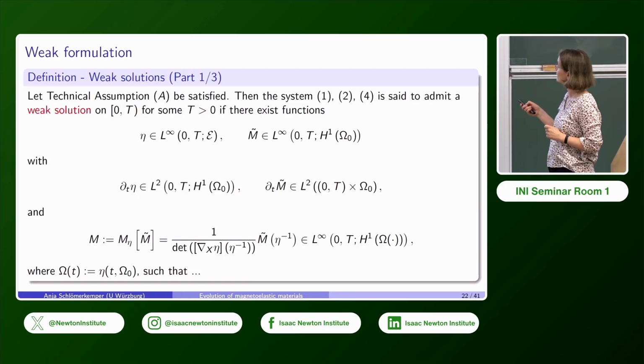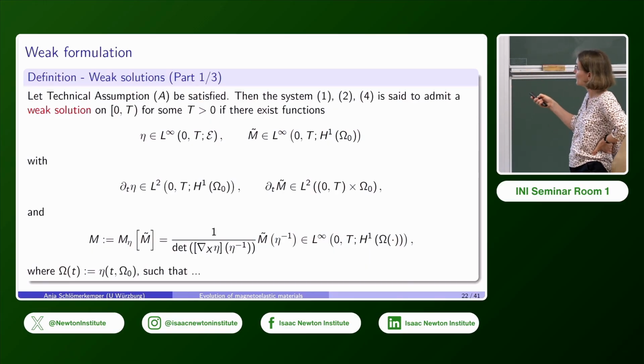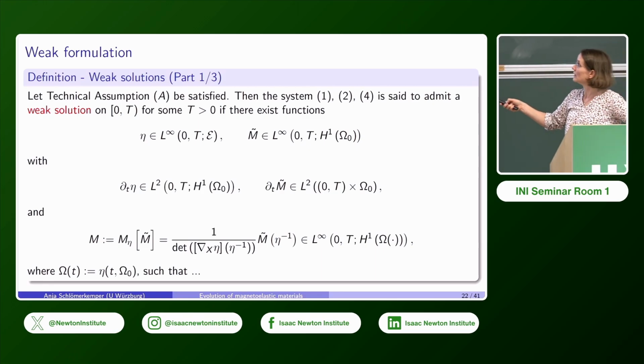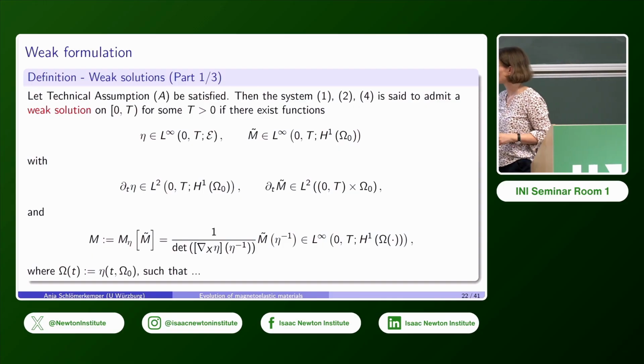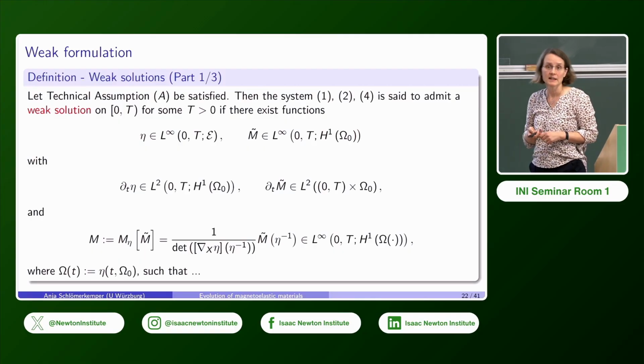Then we define that the system of these equations, the balance of momentum, the magnetic force balance, and the boundary condition, has a weak solution on this time interval 0 to T for some time T bigger than 0 if there exists a function eta in L infinity(0,T; E), the set of all our deformations, and m tilde also being in L infinity H1, with the following properties.